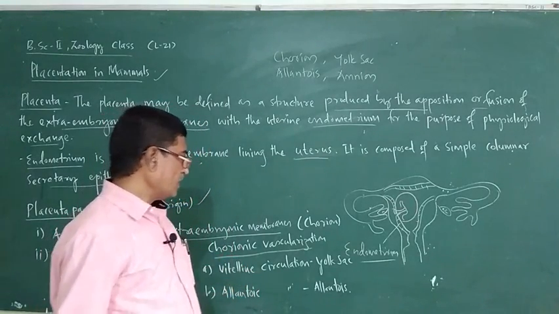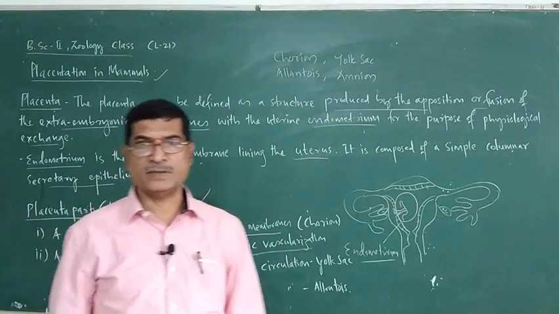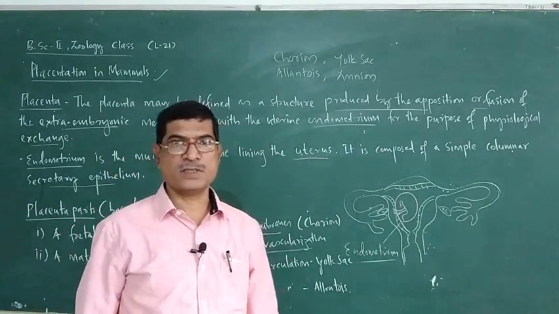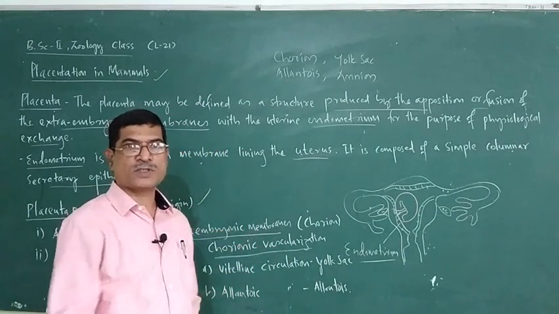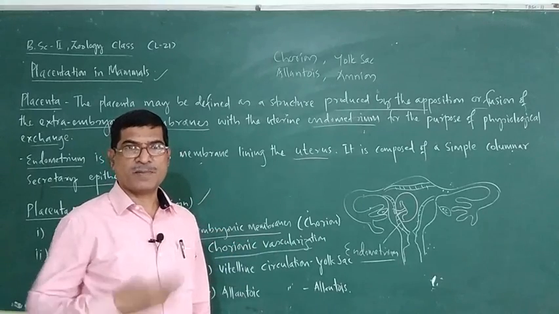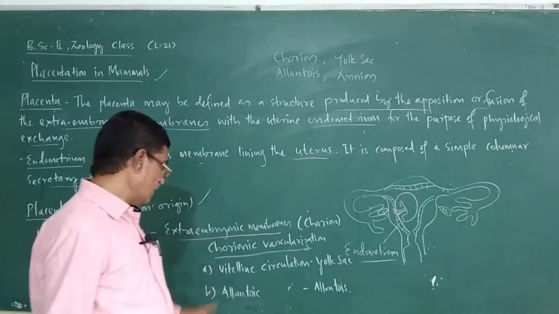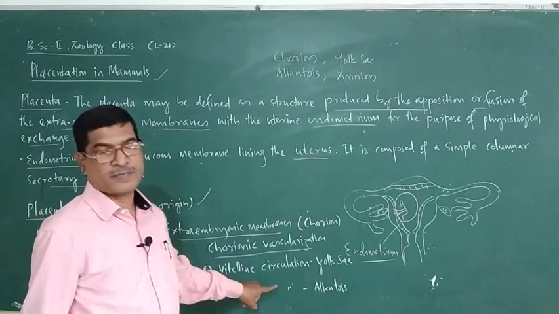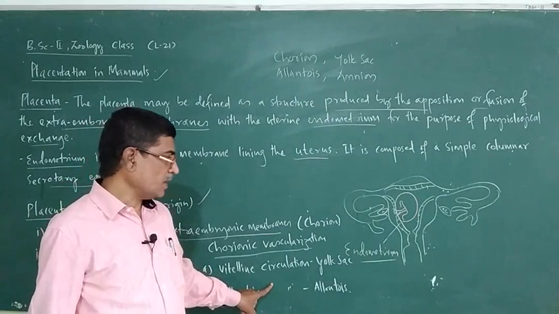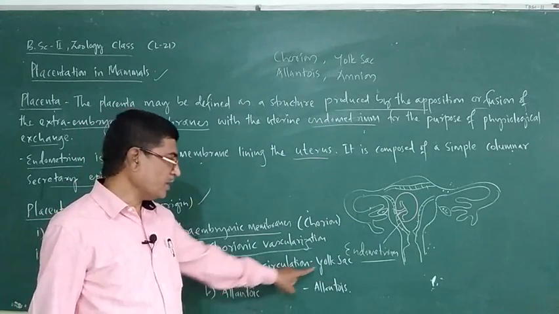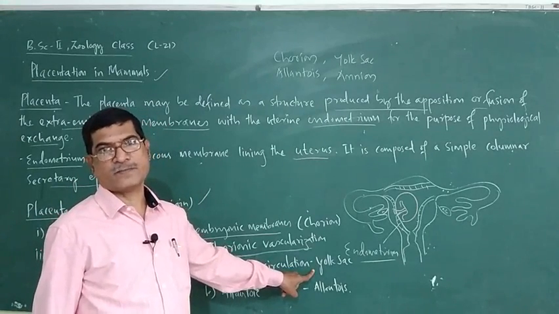Again, this chorionic vascularization. Chorion is supplied with blood vessels. There are 2 sources which supply blood circulation to the chorion. One source is vitelline circulation, wherein it is mainly supplied by the yolk sac.